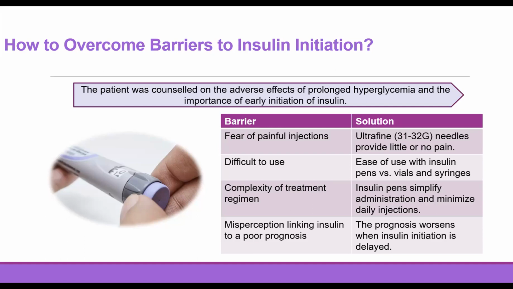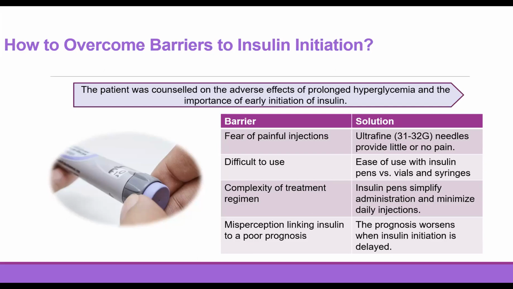Many people believe that insulin is associated with poor prognosis, but, as I've told you, unless you educate, it is not the insulin that leads to poor prognosis, but the delay in initiation of insulin that leads to poor prognosis. People told me that once insulin was started, my father died because of renal failure.